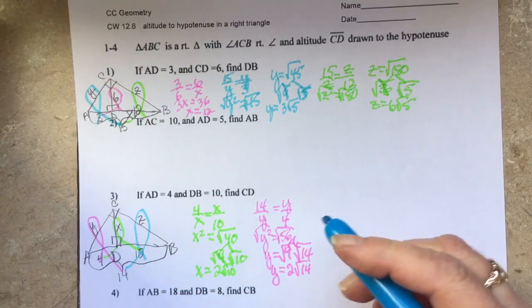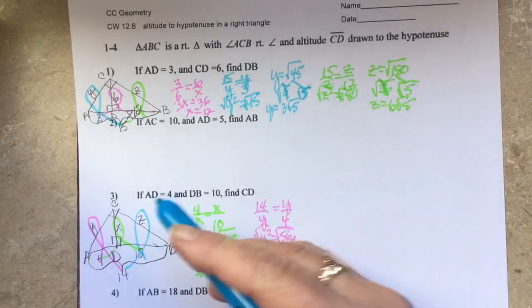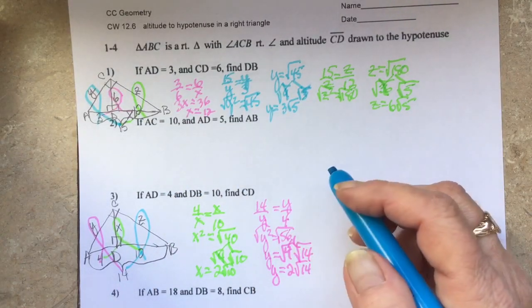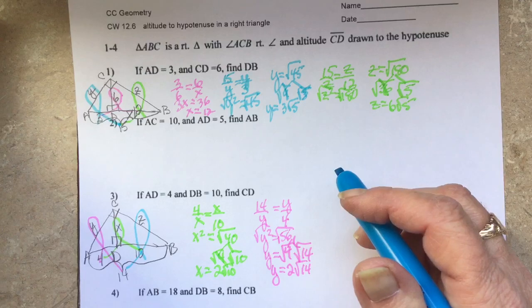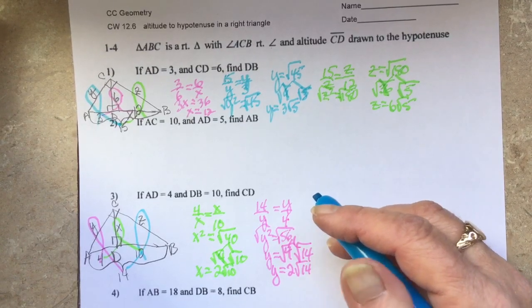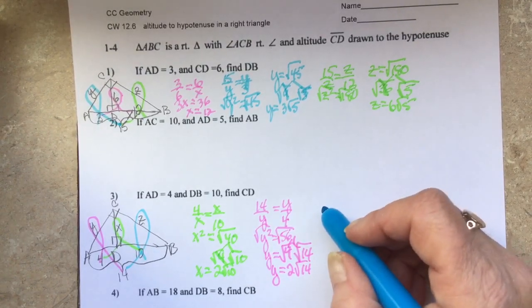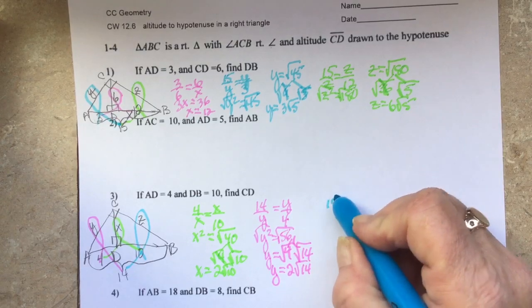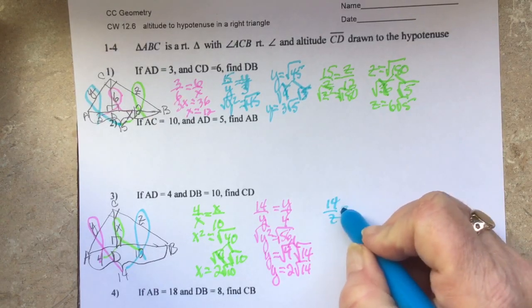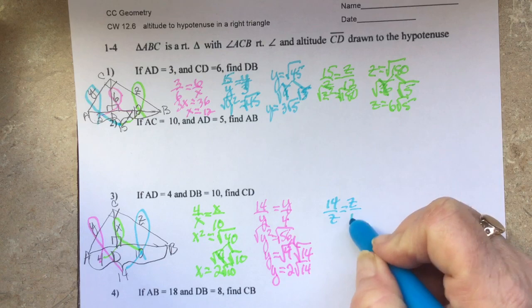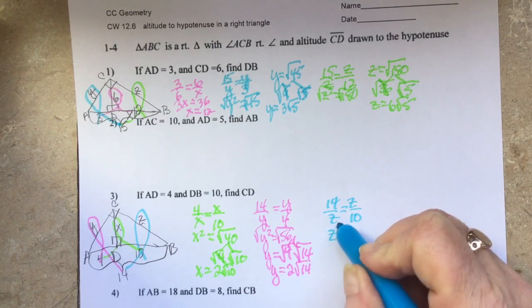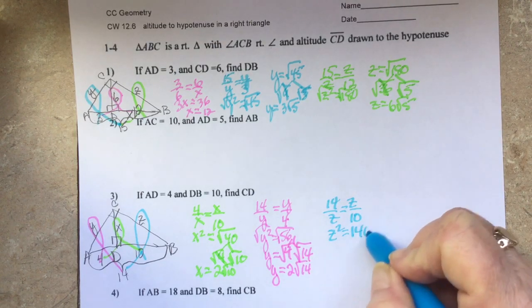Okay, right leg loop. Come from your Jay Leno because it's the big triangle with the right triangle on the right hand side. Okay, so follow your loop. 14 is to Z, as Z is to 10. So Z squared equals 140. Right?